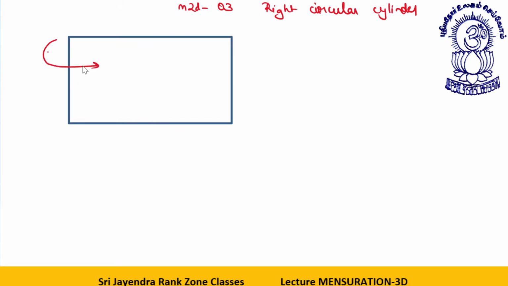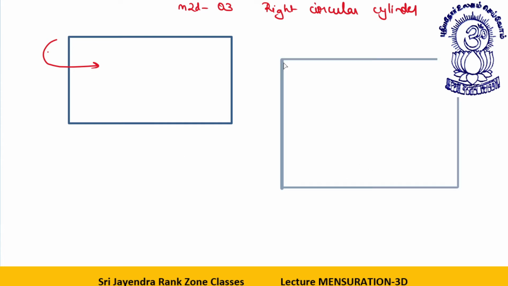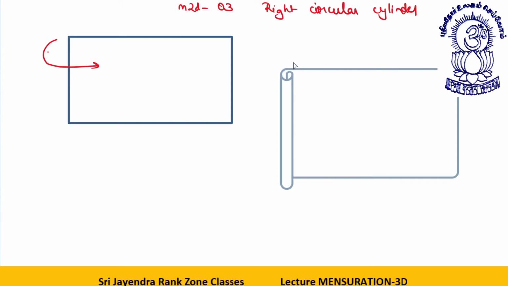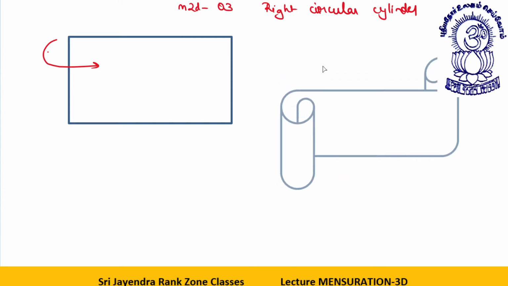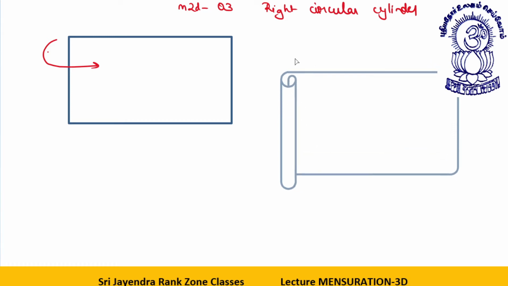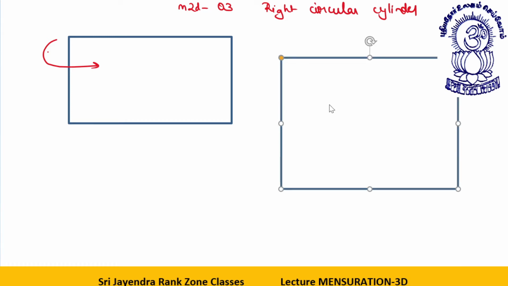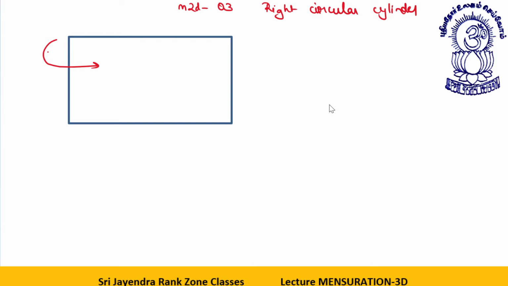If I fold and roll this paper, see, dear friends, this paper is being rolled to form a cylinder. So what happened when I rolled this sheet of paper? It becomes a right circular cylinder.